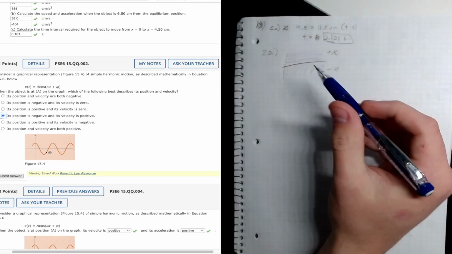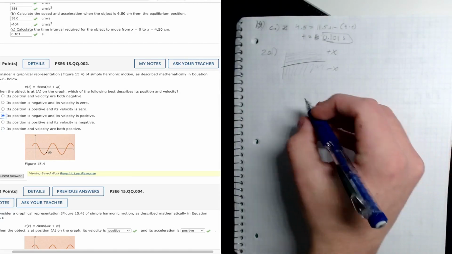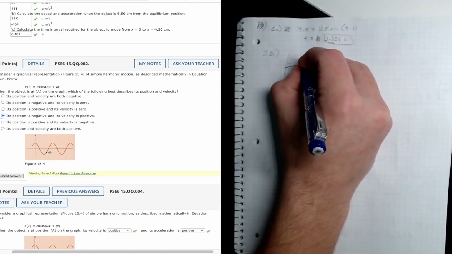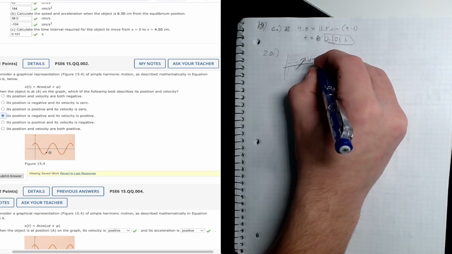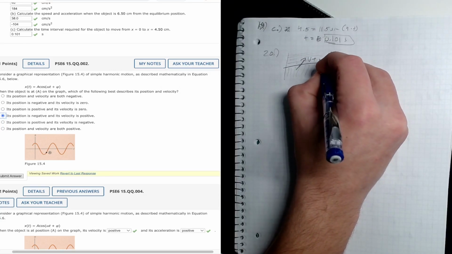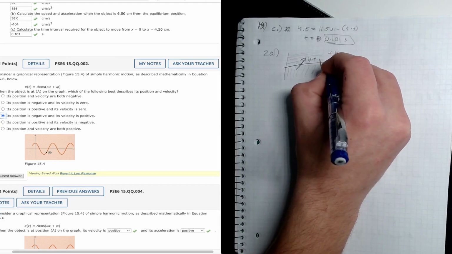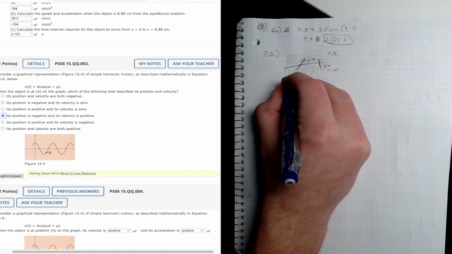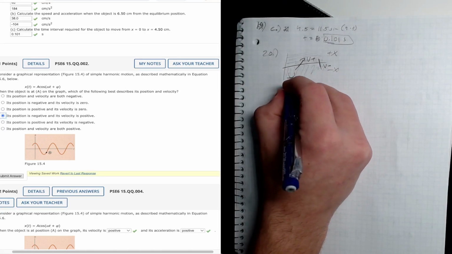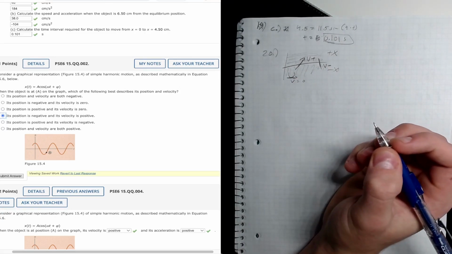However, since the velocity is the rate of change of that, if it's going in this direction, v is positive. If it's going in this direction, downwards, v is negative. And if we're at the bottom of a curve here, v equals 0.